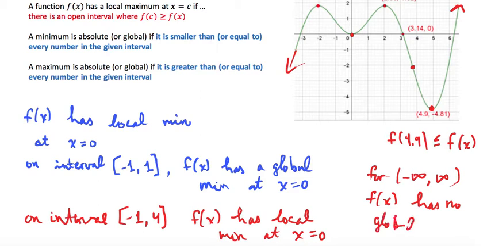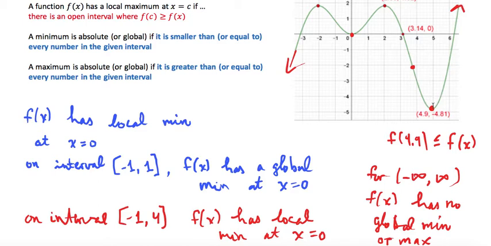Because on the entire interval from -infinity to +infinity, this graph is going to go down forever. There's not going to be a smallest number. Obviously, you go up this way, there's not going to be a largest number. It's just going to keep on going forever.